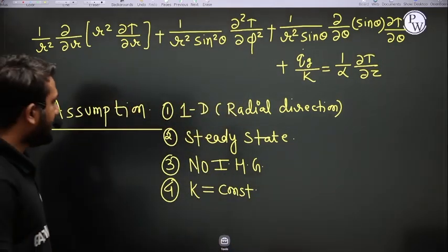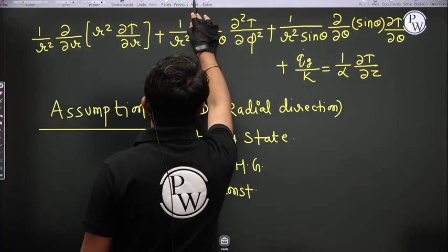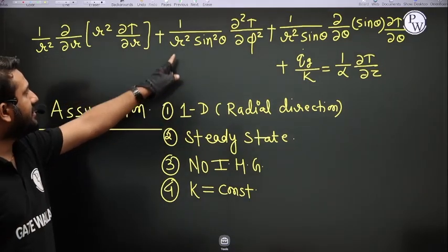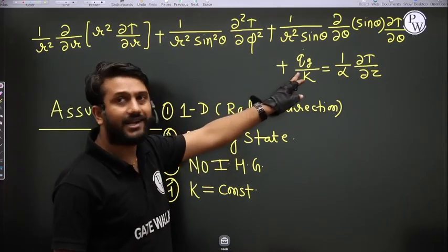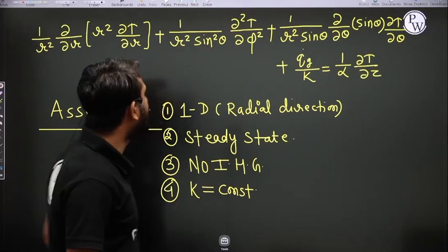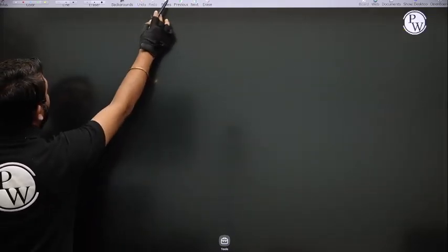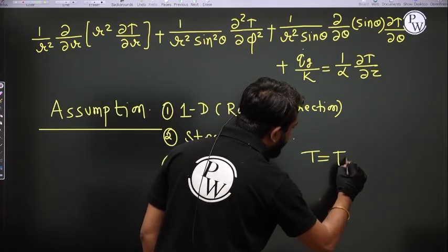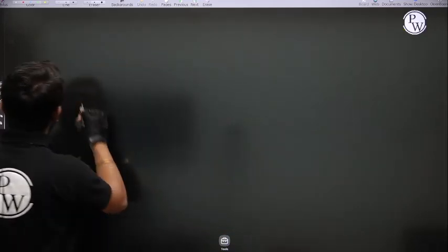Okay. Now see, under these assumptions, we can write the general heat conduction equation in a simple form. If one dimensional, then this term vanishes. No internal heat generation, that means this term is finished. Steady state, that means this term is finished. So ultimately, temperature is only a function of R, so the partial derivative is converted into a total derivative.